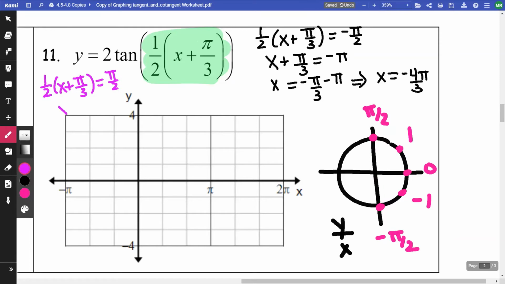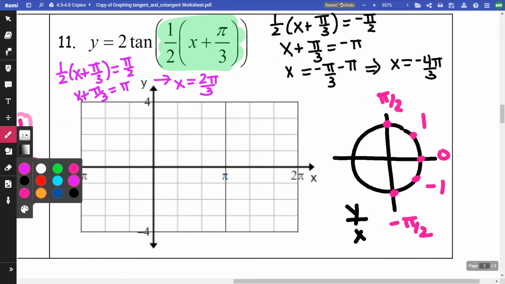So for that, I'm going to have x plus pi thirds is equal to pi. So when I minus pi thirds from both sides, I'm going to get 2 pi thirds. So I'm going to have an asymptote at negative 4 pi thirds, which is not on this graph. And then I'm going to have one at 2 pi thirds. So 2 pi thirds is here.